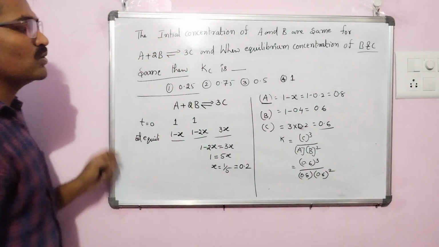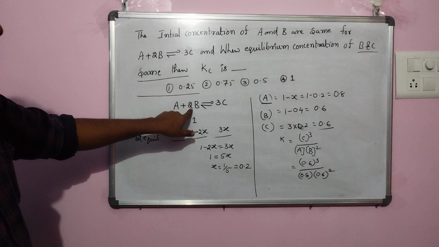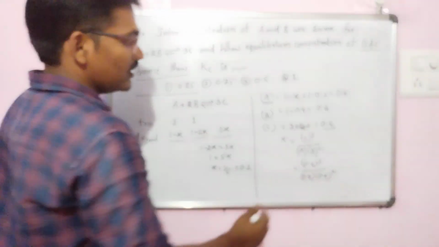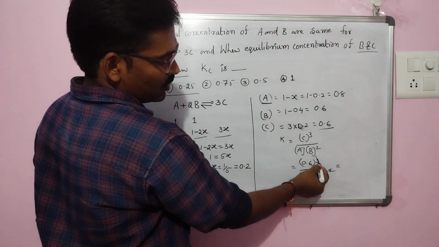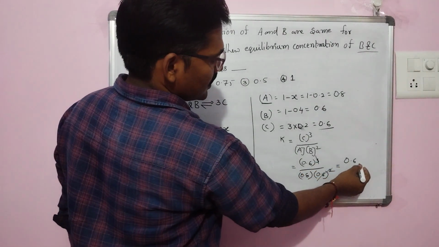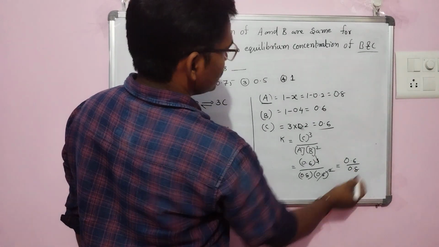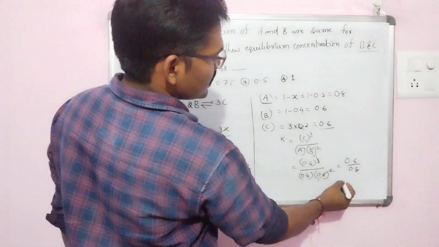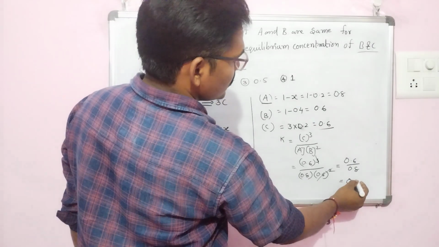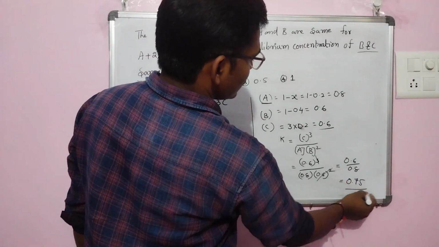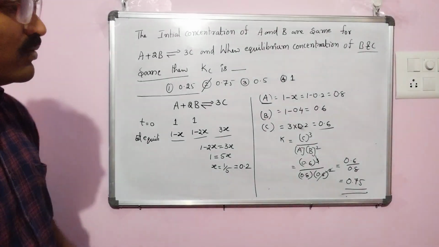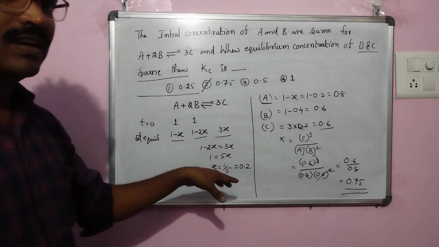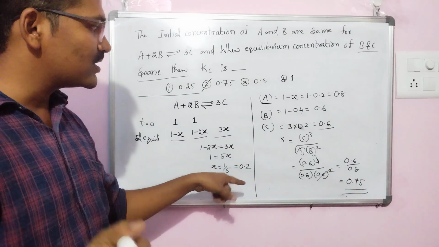Why whole square? Because the stoichiometric coefficient is 2. Then 0.6 squared, times cube, cancels to 0.6 divided by 0.8, you can get 0.75. So 0.75 is the answer. Such type of problems you have to do like this. Do all of you understand? I hope it is understood. Just note it.